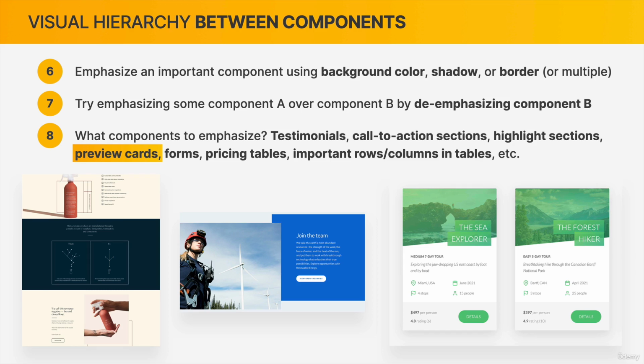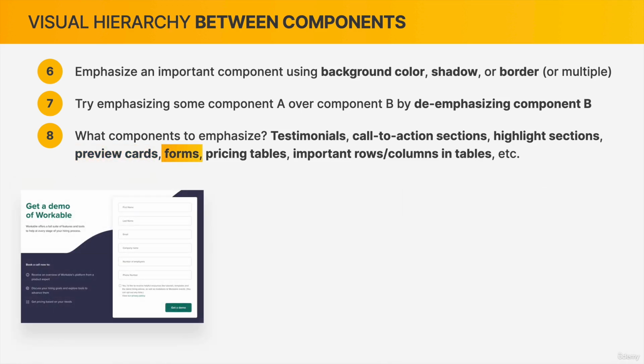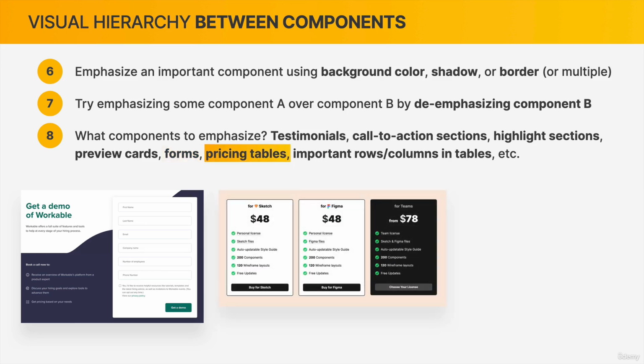Then there are also forms, which can look like this, or pricing tables, where many times there are different pricing options. And then the designer usually highlights the one that they actually want the user to choose. So that can be done using a background color, but there are also many other options that you can choose from, as I will show you a little bit later.